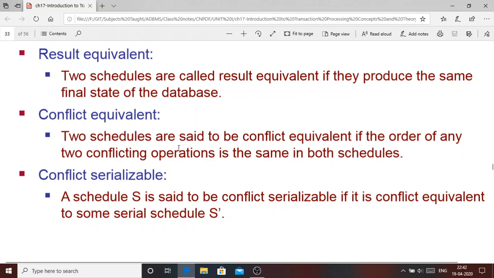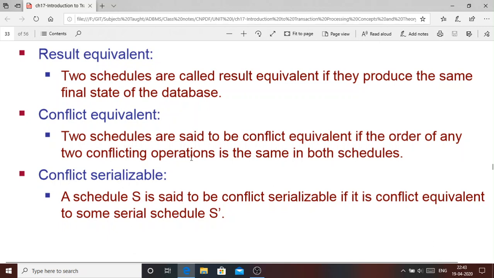You see the conflicting operations that we have written. Two operations can conflict if one of the two operations is a write operation, and the operations are on the same data item, and these two operations must be issued by two different transactions.